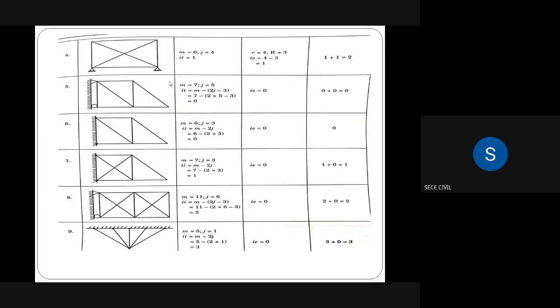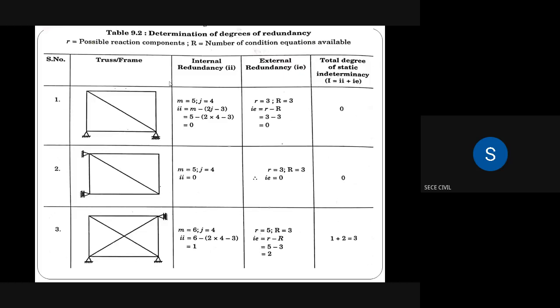So these are trusses. Previously, in continuous beams, we used one formula for calculating the degree of static indeterminacy, and after that, in plane frames and all, we used one formula. That is an external redundancy formula only we used.